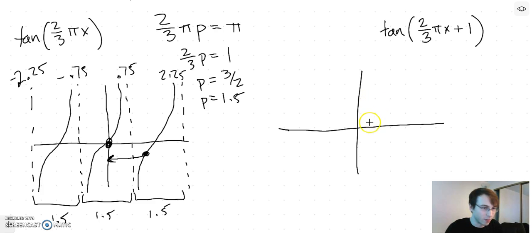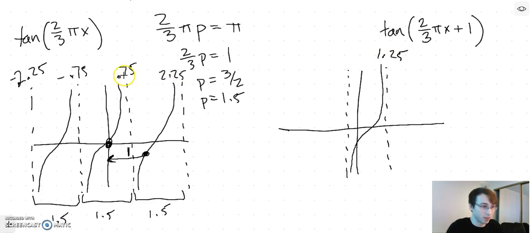Actually, that looks kind of a weird squiggle. Let's try to make this a little bit better drawing. Yeah, that's a little bit better. Okay, so now we're shifting everything back by 1. This asymptote that was originally at 2.25 is shifting back to 1.25.